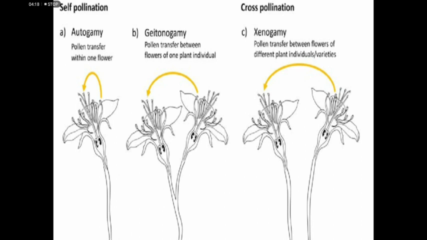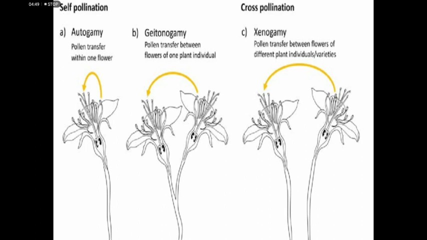In geitonogamy, pollen transfers between flowers of one plant individual, so two different flowers participate. Both flowers are genetically identical because they are on the same plant, so it is also an example of self-pollination.